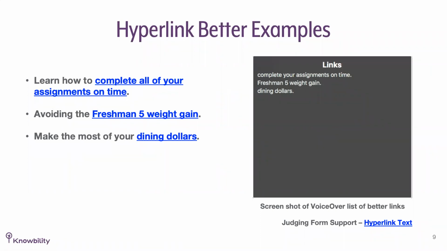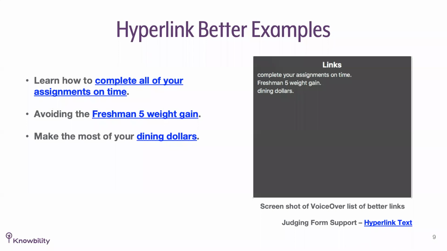Some people with low vision who can see some will use them. Other people, if they're learning a second language, it helps to hear it as well as see it. Or some people with cognitive disabilities learn better by hearing, so they will also use a screen reader. So it's helpful to have the text be descriptive.